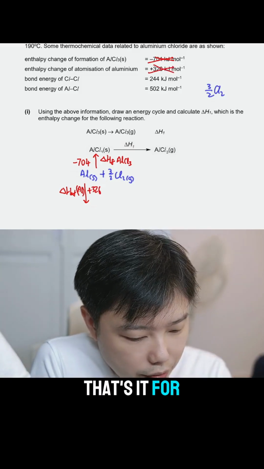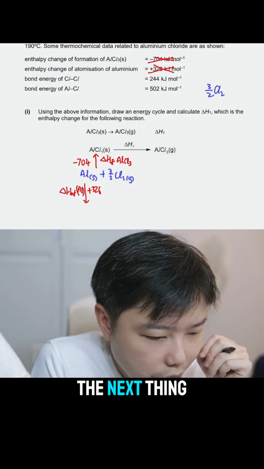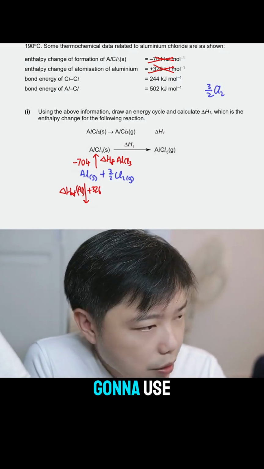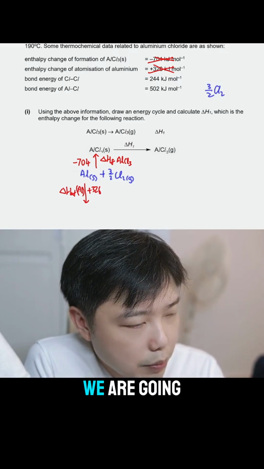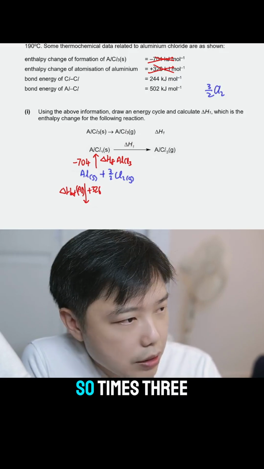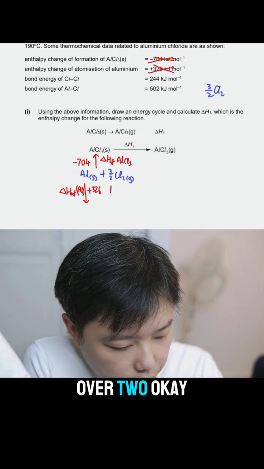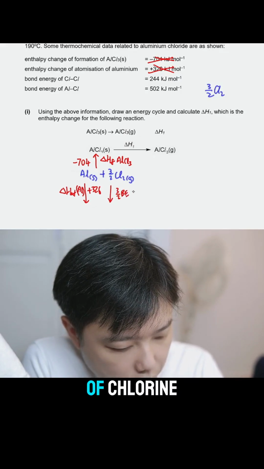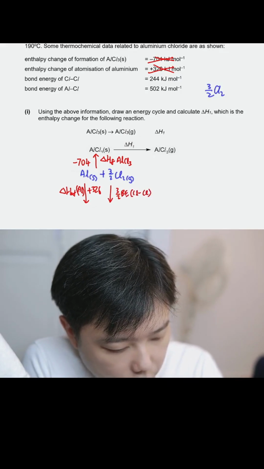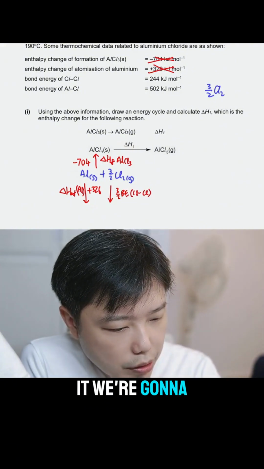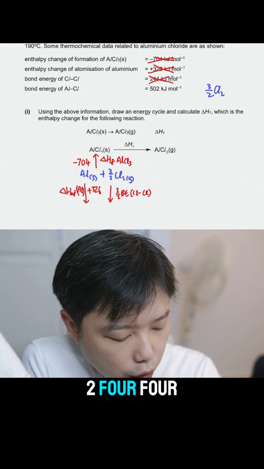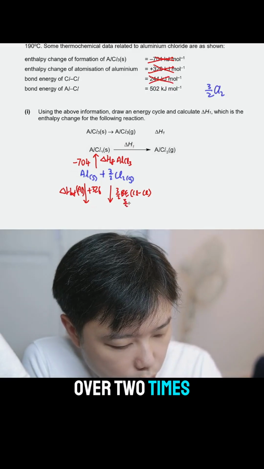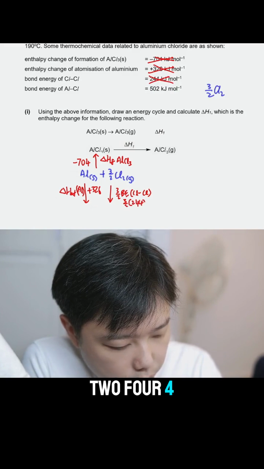The next thing we're going to use is the bond energy of chlorine, times 3/2. Since we used it, we cancel out the 244. This number will be 3/2 times 244.